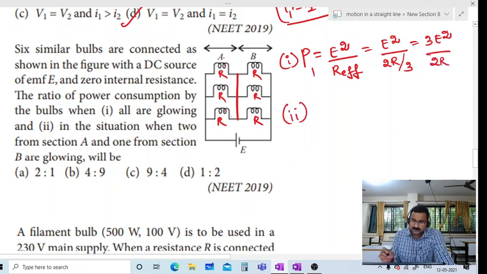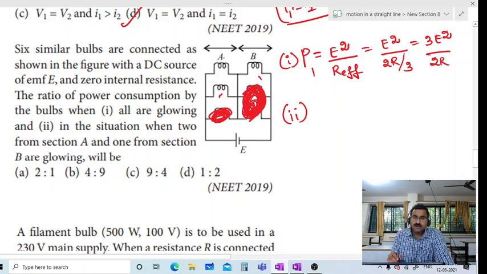In the second case, 2 bulbs from section A and only one from section B are glowing, so the others are not there now in the circuit. These are not required now.